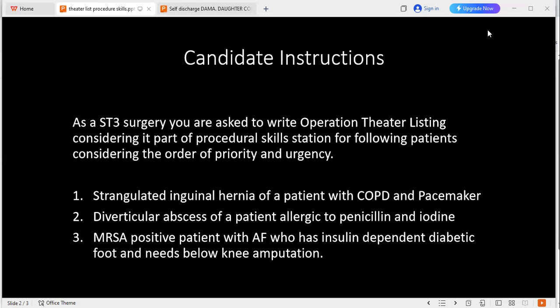Good. Your third patient is also in atrial fibrillation. If your patient is taking anticoagulants, how would you take care of those patients prior to surgery? I would check the anticoagulant. If the patient is on warfarin, I'll stop the warfarin four days prior to the surgery, and then I would start the patient on heparin.